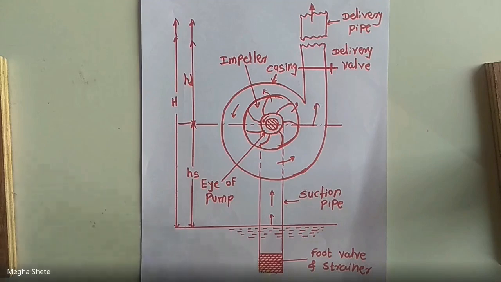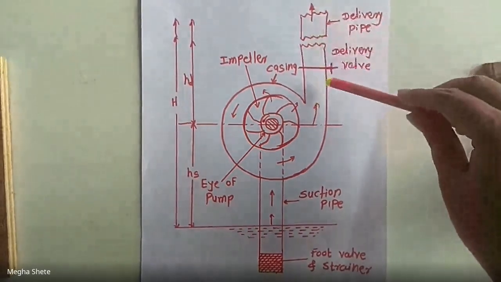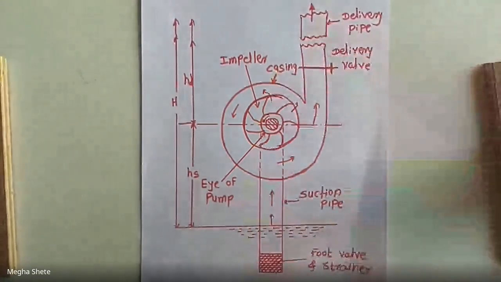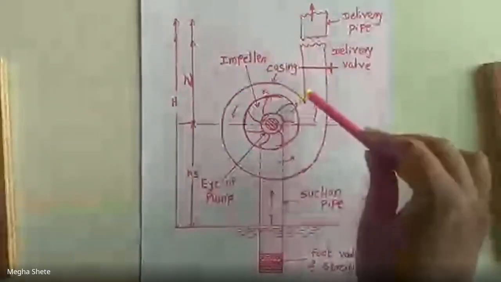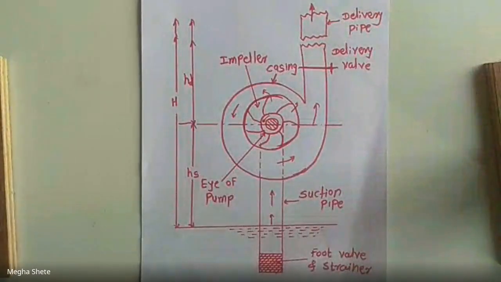Now, the last component of the centrifugal pump is delivery valve or delivery pipe. A pipe whose one end is connected to the outlet of the pump and the other end delivers the water at the required height is known as delivery pipe.